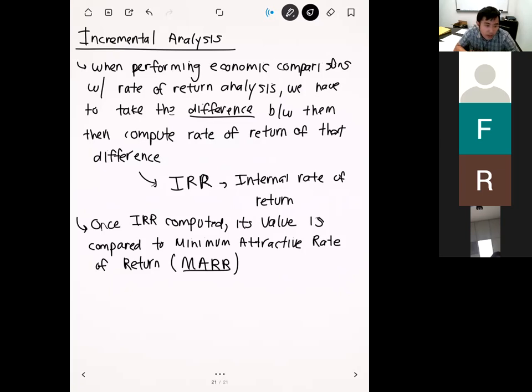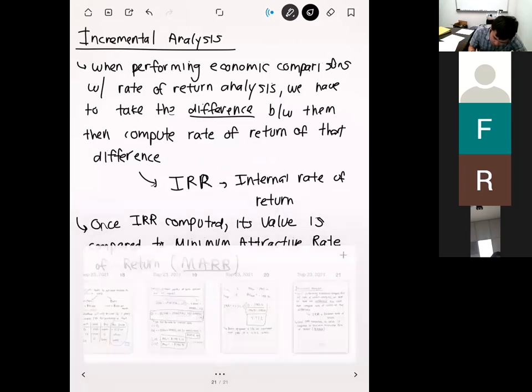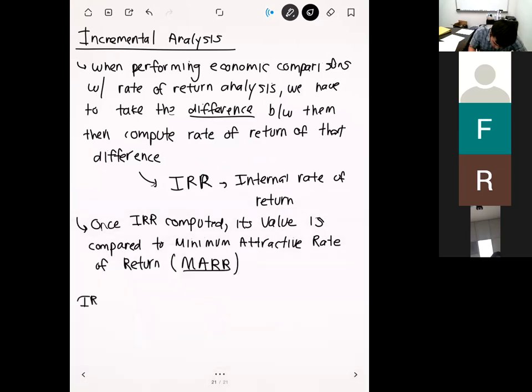All right. And so let me go ahead and break it down. Let's say that our IRR is greater than or equal to the MARR.